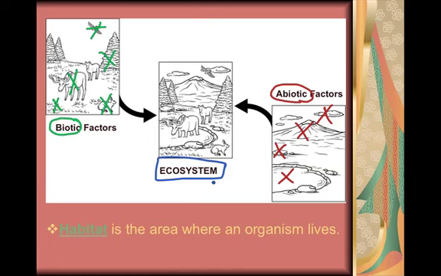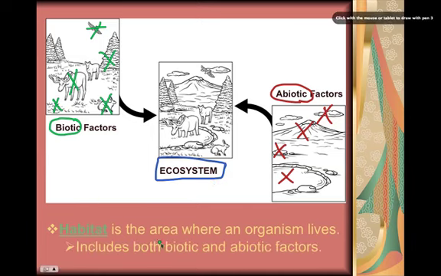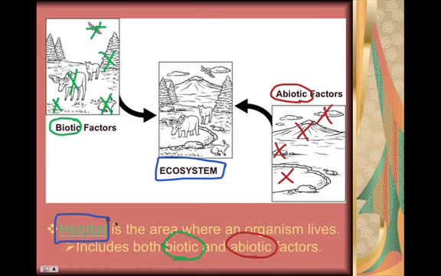Habitat, another definition, is where an organism lives. And the habitat includes both biotic, which is living, and abiotic, which is non-living, factors. So if you think about habitat, it includes both living and non-living factors.